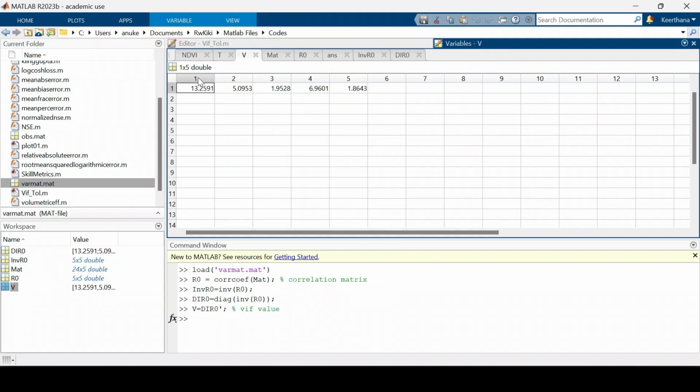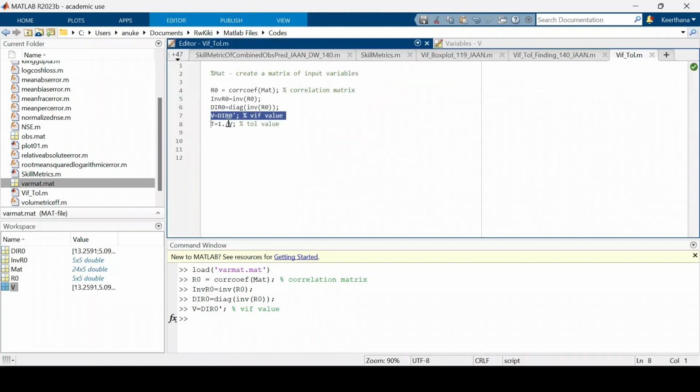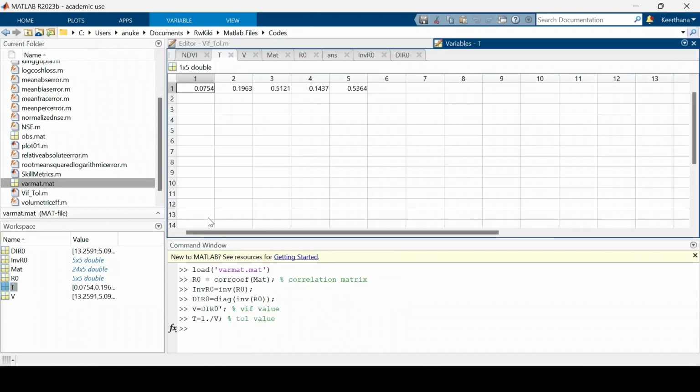So this is the VIF of the first variable. This is the VIF of the second, the third, fourth, and fifth. Now the tolerance is 1 divided by the variance inflation factor. So this is the tolerance of each of the variables.